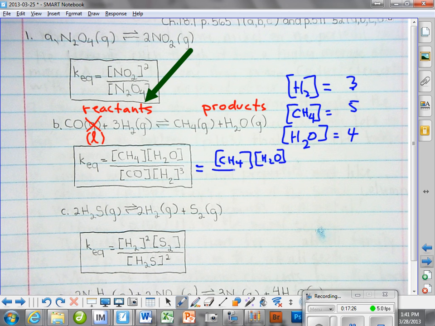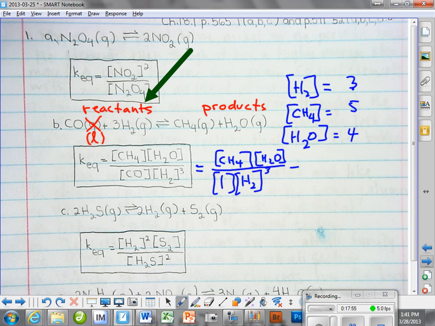Those are on top because they're the right side of the equation, correct? The reactants are on the bottom, so we have H2 down here, cubed. And we have the CO as 1. Are we good?